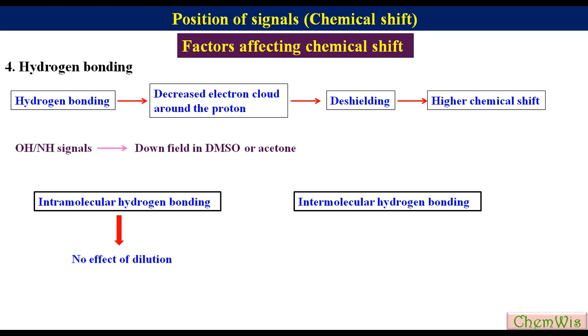So there is no dilution effect on the position of signals if there is intramolecular hydrogen bonding. In the case of intermolecular hydrogen bonding, extent of hydrogen bonding decreases with the increasing dilution. So if there is intermolecular hydrogen bonding, signal for the labile proton will show upfield shift on increasing dilution, or we can say decreasing concentration.